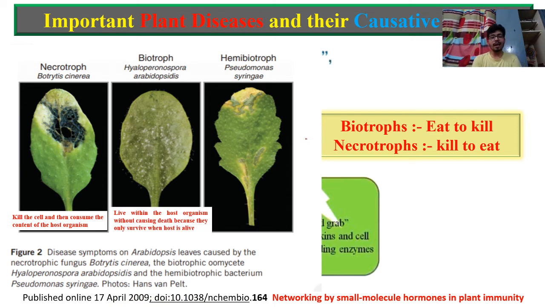But in the case of biotrophs, they live within the host organism without causing death. If the host dies, ultimately the pathogen cannot survive. So in this case, the pathogen also will die. A biotrophic pathogen only has the capacity to interact with living tissues. The pathogen will die if the plant dies.